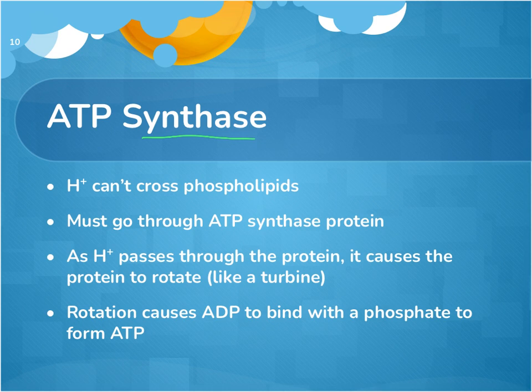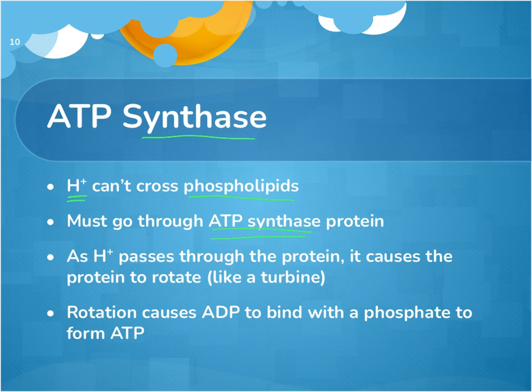So here's how that works. Hydrogen cannot cross the phospholipid bilayer that makes up the wall of the thylakoid. So that means that hydrogen has to go through something to get out of the thylakoid. It has to go through, in this case, the ATP synthase protein. As hydrogen passes through that protein, it causes the protein to rotate, so it spins.